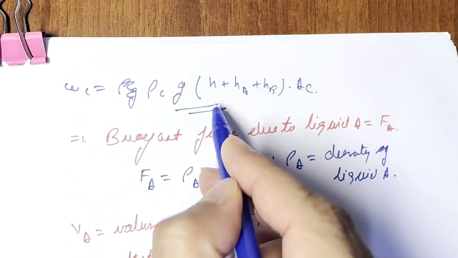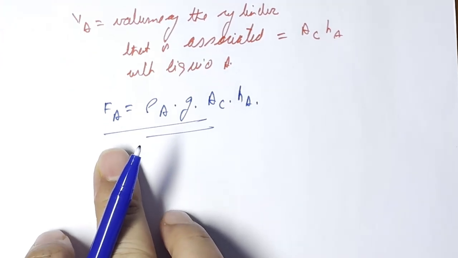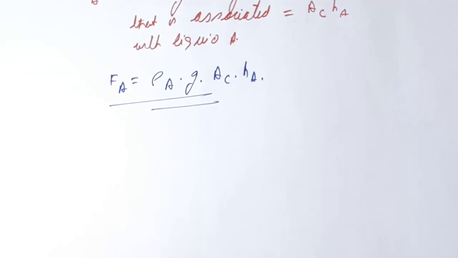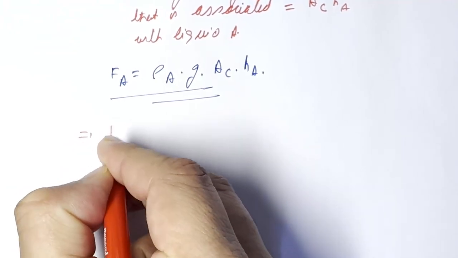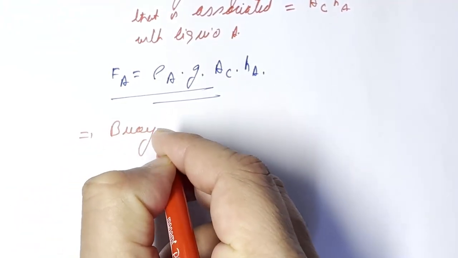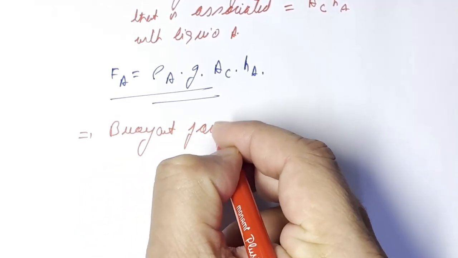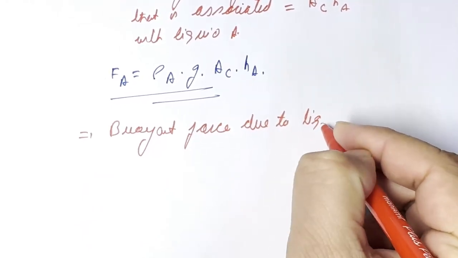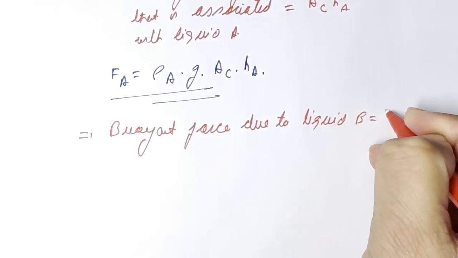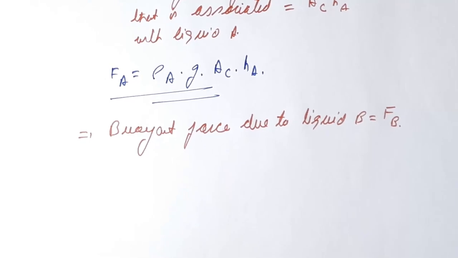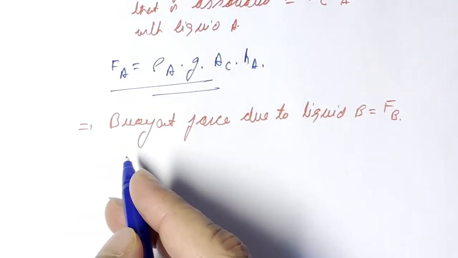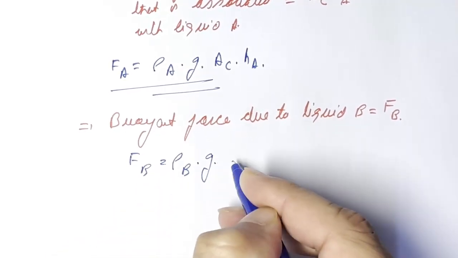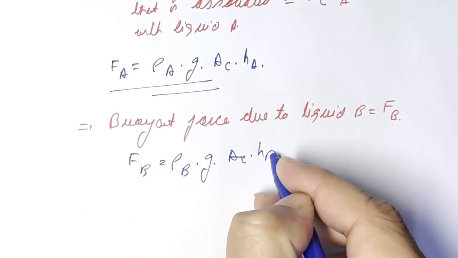So we found out the weight and the buoyant force with respect to liquid A. Similarly, we are going to find out the buoyant force because of liquid B, let us call that FB. So FB we can write directly based on FA also. So FB will be equal to rho B multiplied by G, AC, and we have this HB.